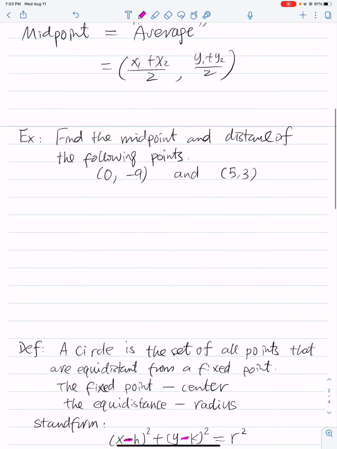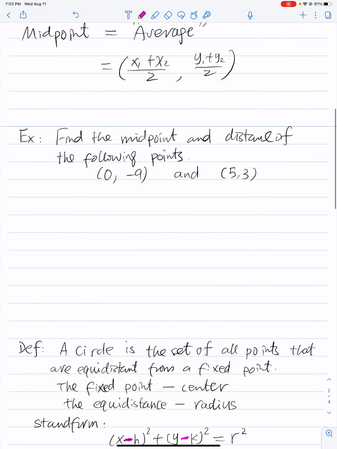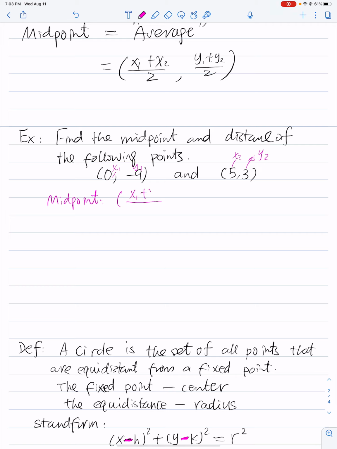Okay, so let's look at the following example. What will be the midpoint? Similarly, you can always label these x1, y1, x2, y2. So it will be a half of x1 plus x2, a half of y1 plus y2.